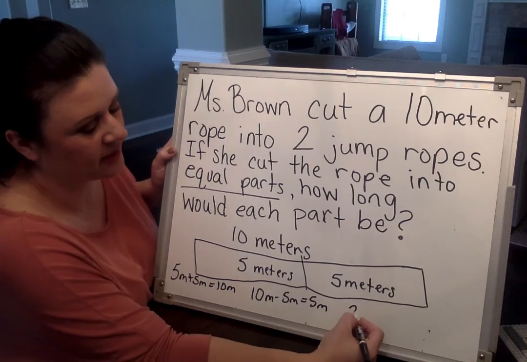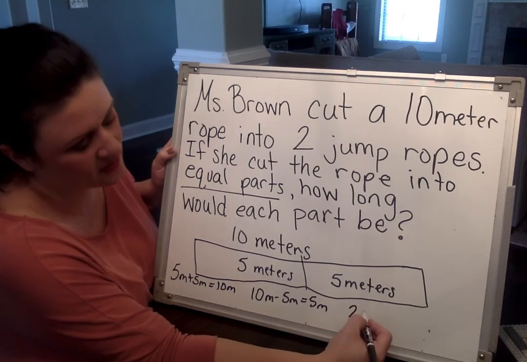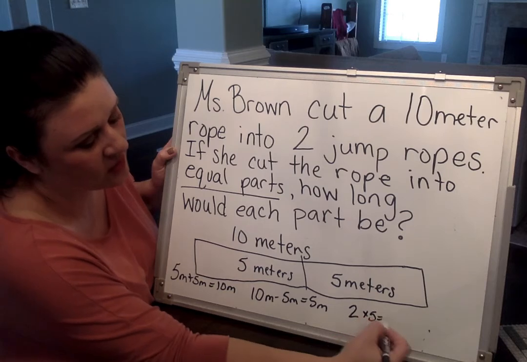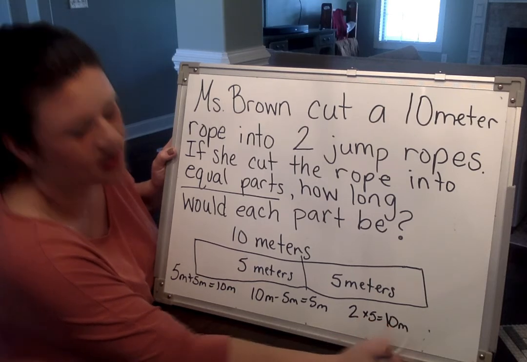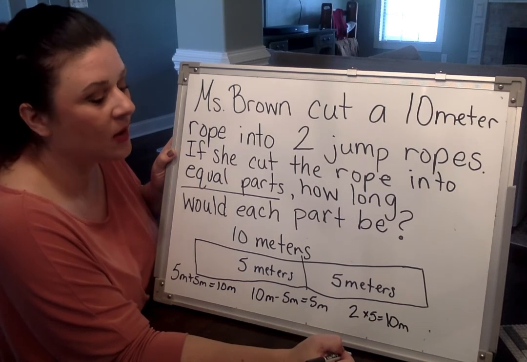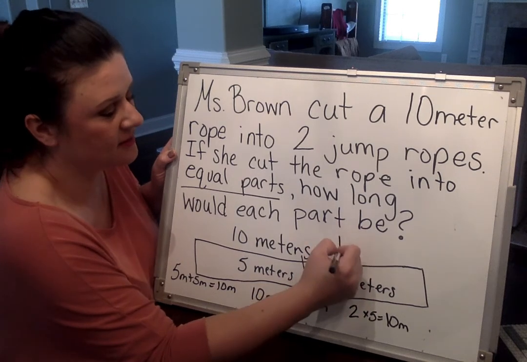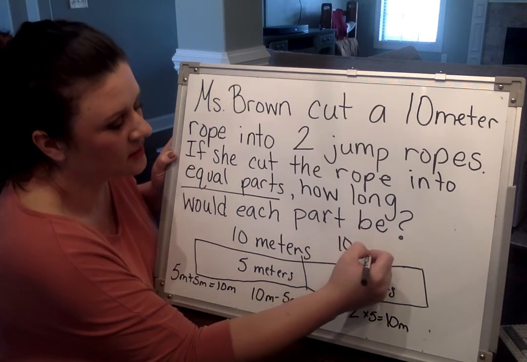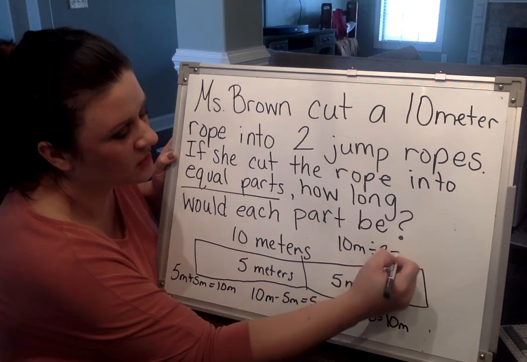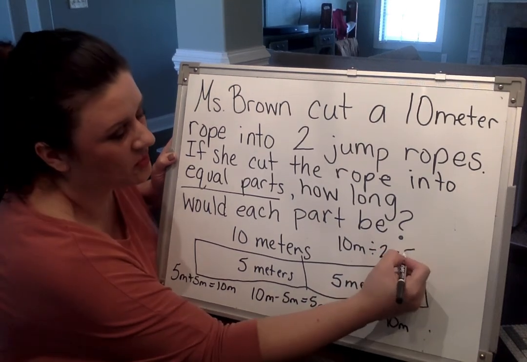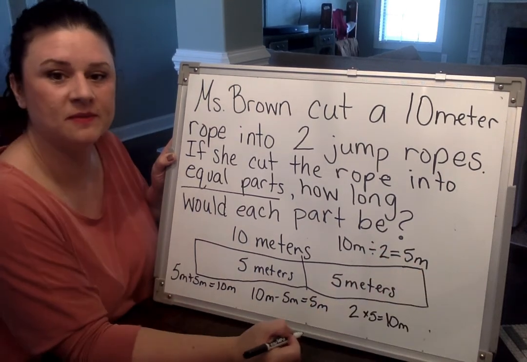What about multiplying? If I had 2 ropes that were 5 meters long, together they'd be 10 meters. Or you could even divide: 10 meters divided into 2 groups. Each group would have 5 meters, okay?